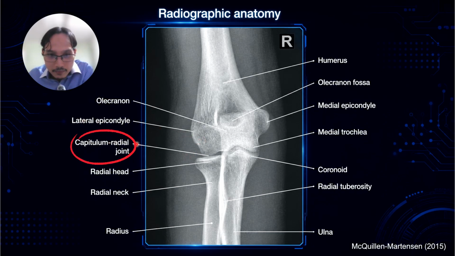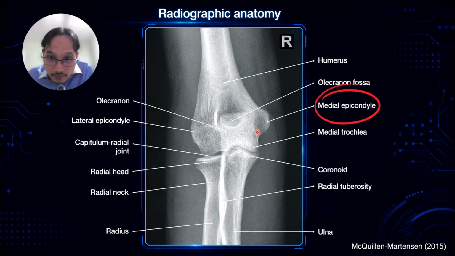This is capitulum radial joint. This is radial head. This is radial neck, radius, ulna, radial tuberosity, coronoid, medial trochlea, medial epicondyle, olecranon fossa, and humerus.